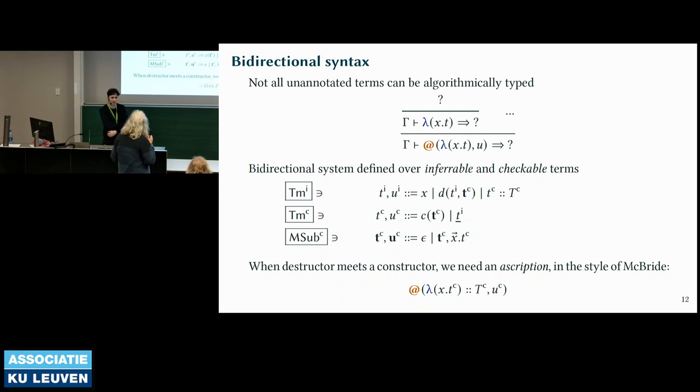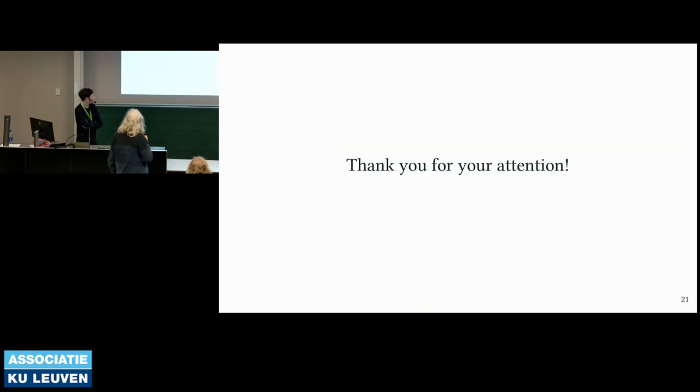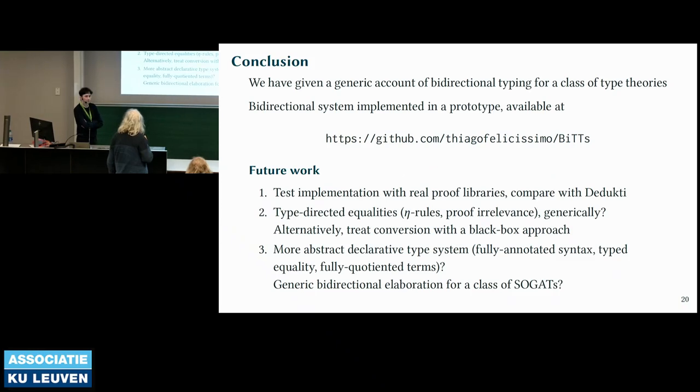Actually, I think you almost answered my question with the last point. But why would it not work for SOGATs in general? Is it only for this theory, or can you also put in other SOGATs? Oh no, it works for other theories. But what I mean by SOGAT is that for the declarative type system here, you still use non-annotated terms and untyped equality, and I think that what most people would mean by SOGAT would be a fully annotated syntax, even maybe quotiented terms, as I know you like.